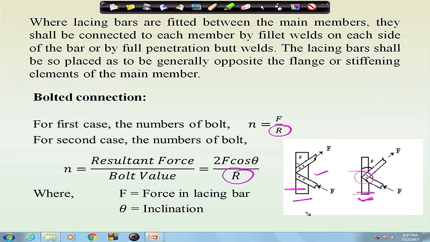So, these are the things we have to remember while we are going to design a lacing member. In short, lacing members, or the entire built up sections, are designed on the basis of failure criteria, failure of the member as a whole. So, we have to restrict the radius of gyration, so that failure of the main member locally does not occur.